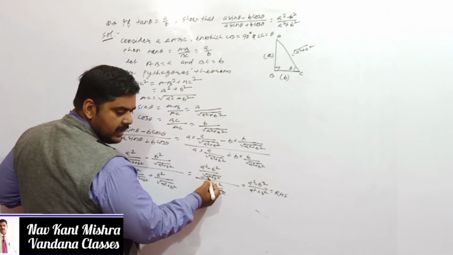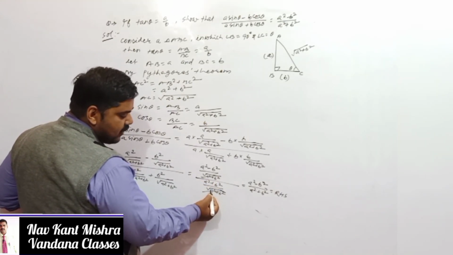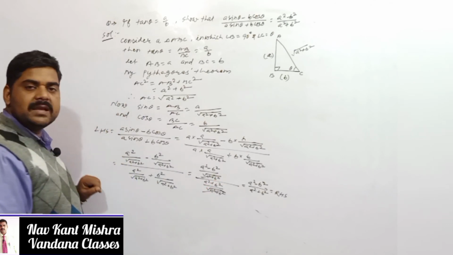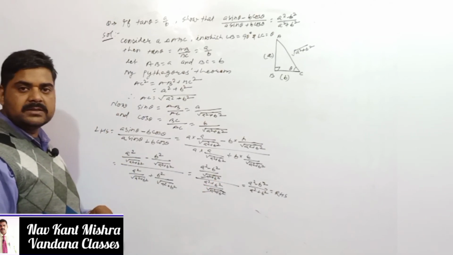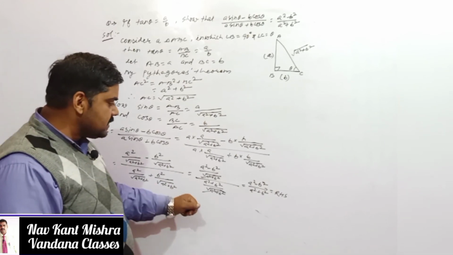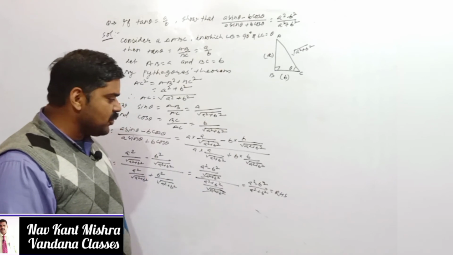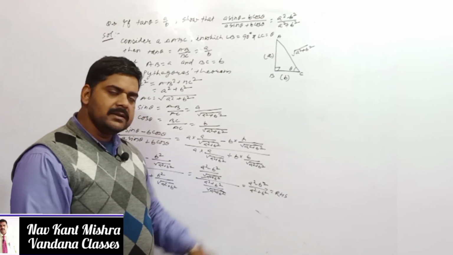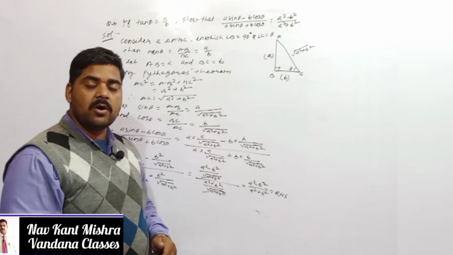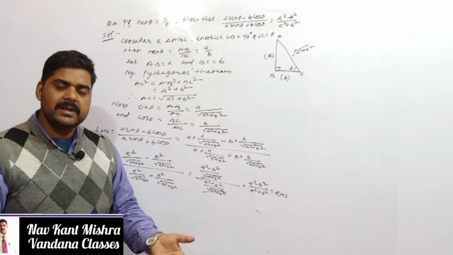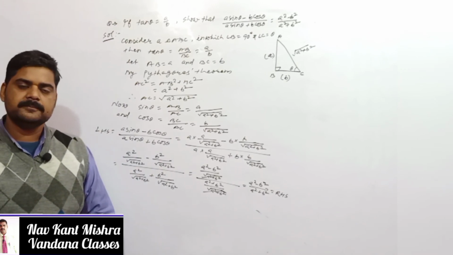Here square root under a square plus b square and square root under a square plus b square both are cancelled, because both are present in the denominators of the numerator and the denominator parts, and this is why it is equal to a square minus b square upon a square plus b square. That is the RHS of this trigonometric identity. So that is the proof of this question.